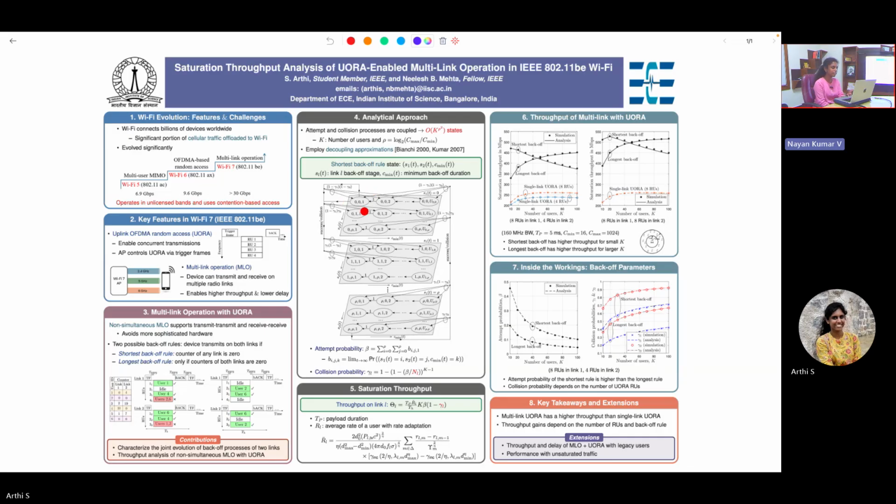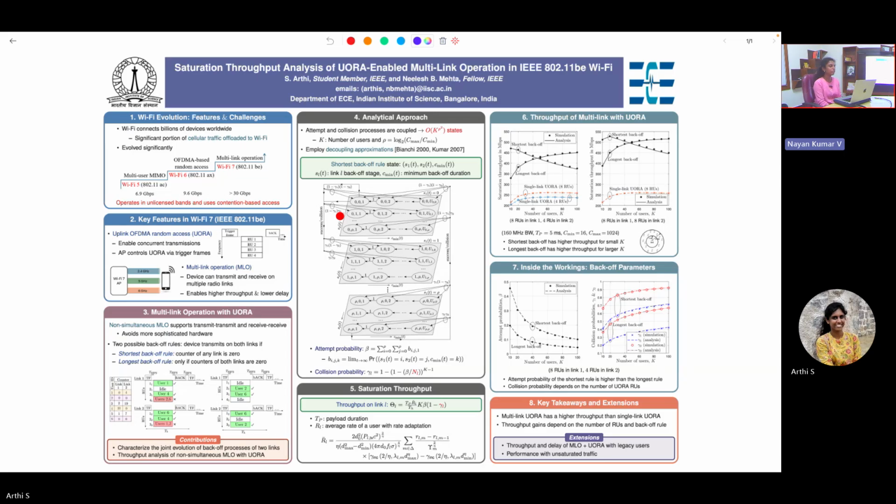That is the reason from (0, 0, 1), the users transmit on both the links simultaneously. Because there are two links, there can be 4 possible events: a success on both links, a collision on both links, and a success on one link and a collision on the other. And the transition probabilities capture all these 4 events here.